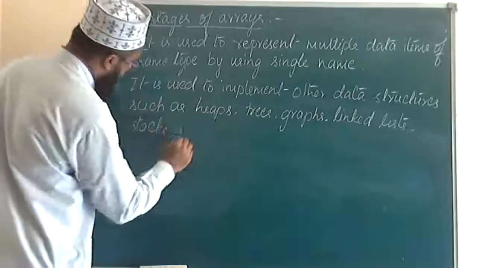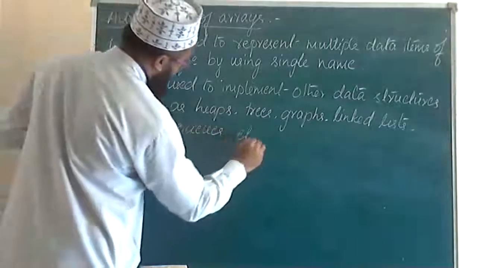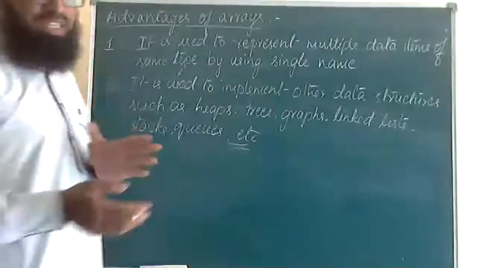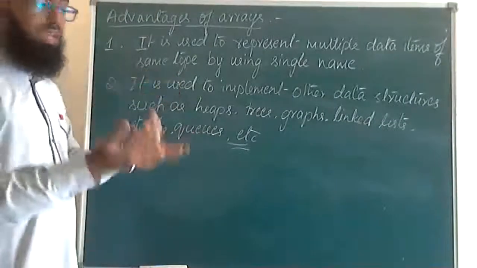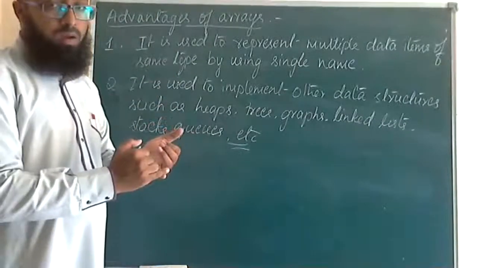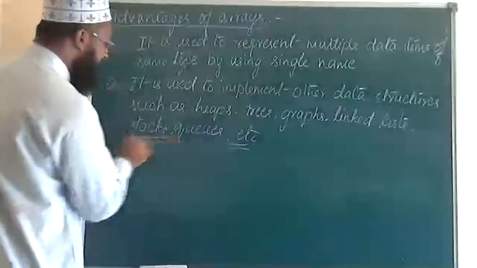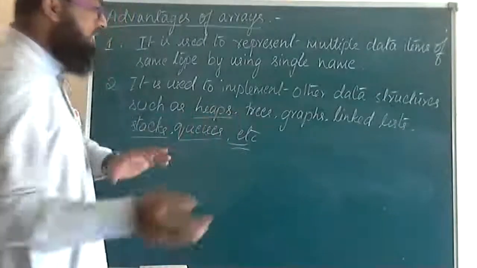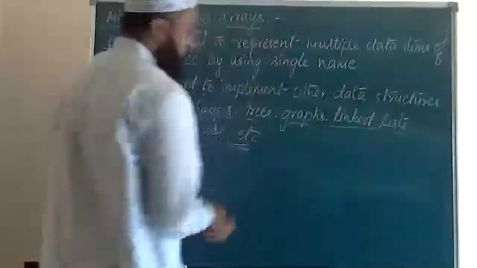Stacks, queues, etc. Remember, in applications of arrays also the same point. There we have used heaps, then hash tables, queues, stacks. See, queues and stacks are again repeated here. Heaps also repeated, but added a few more things. Only trees, graphs, and linked lists are added.